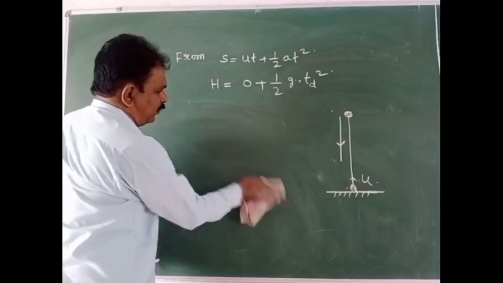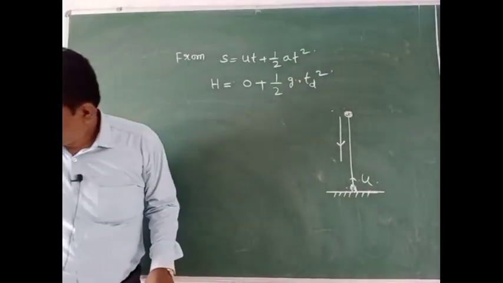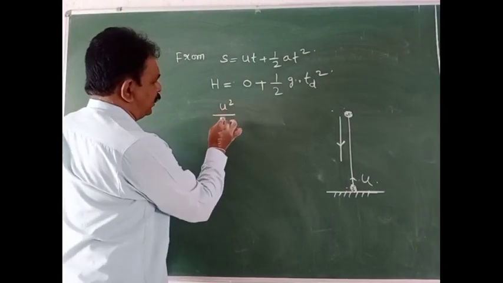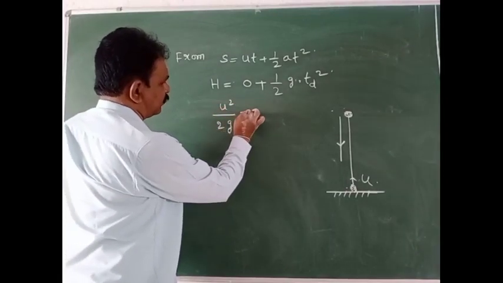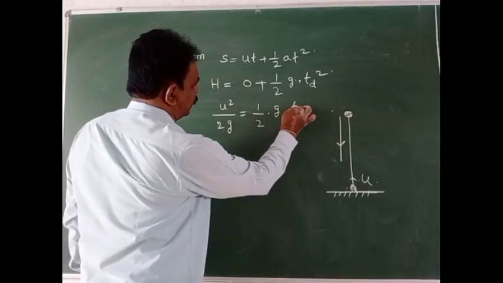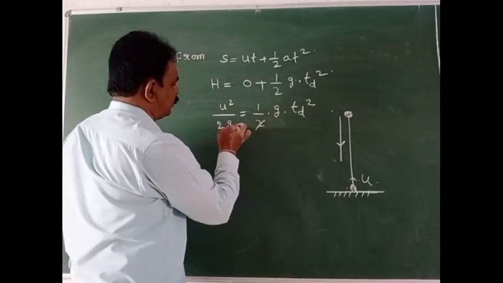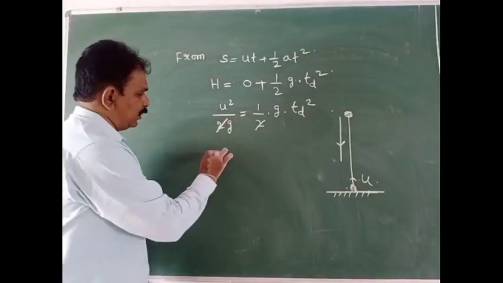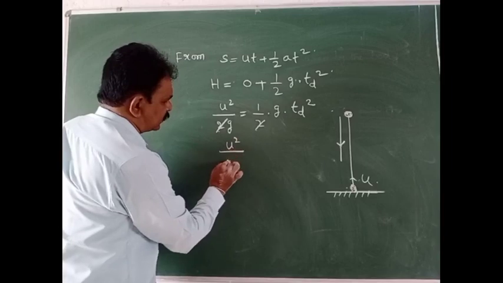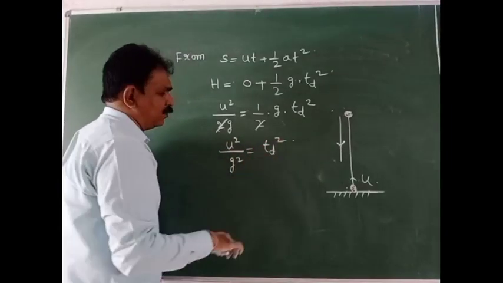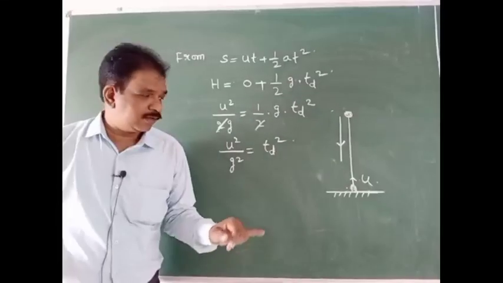What is the value of h here? u square by 2g. This is 1 by 2 g TD square. 2 will cancel, this g will come to the denominator. u square by g square is equal to TD square.